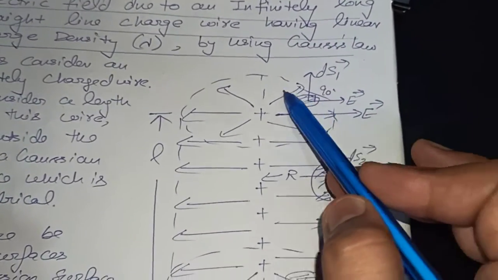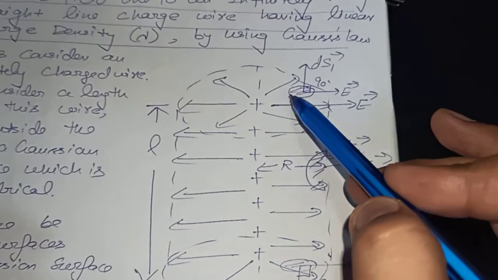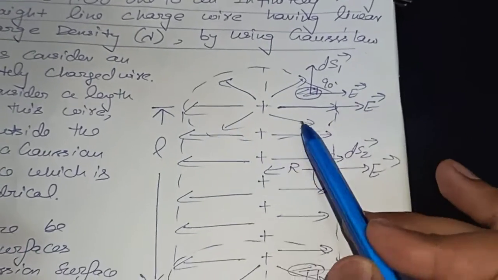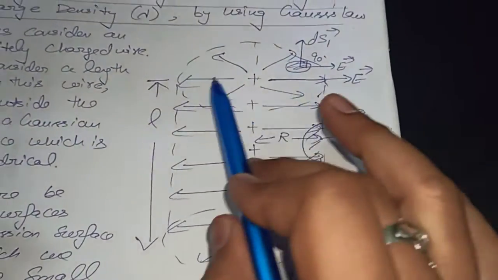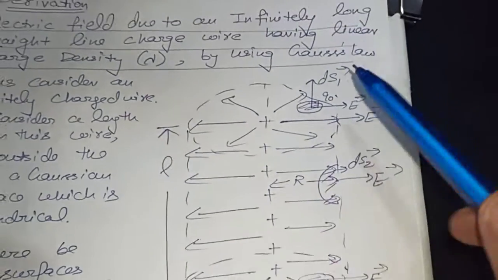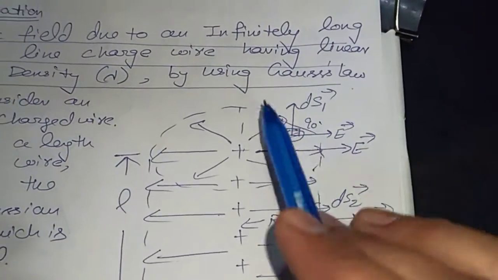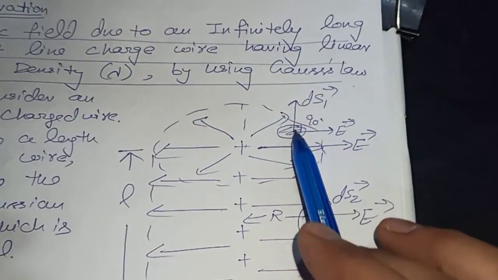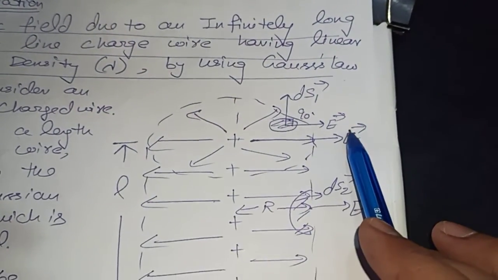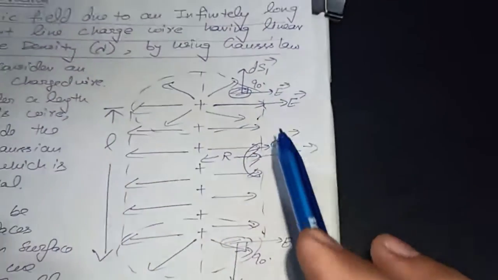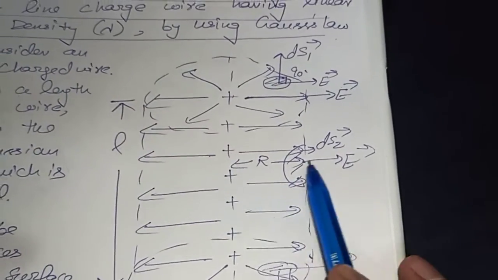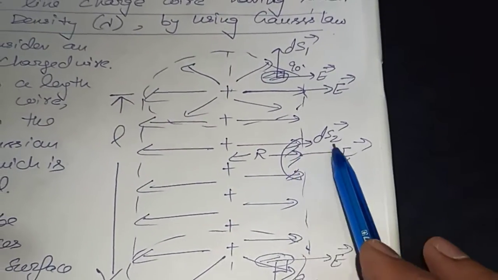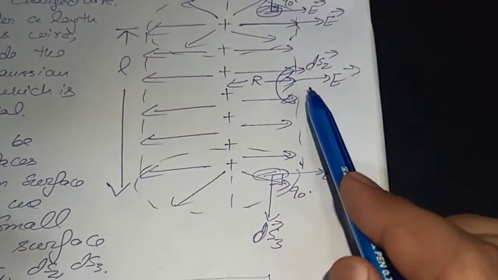Now on the cylinder we have certain surfaces. One surface is above, one surface is below, and one surface is curved. We consider a small element. On this flat circular surface, ds1 is perpendicular, upward, and the electric field is outward, forming an angle of 90 degrees. On the curved surface, the electric field is outward and ds is outward, forming an angle theta equal to 0.